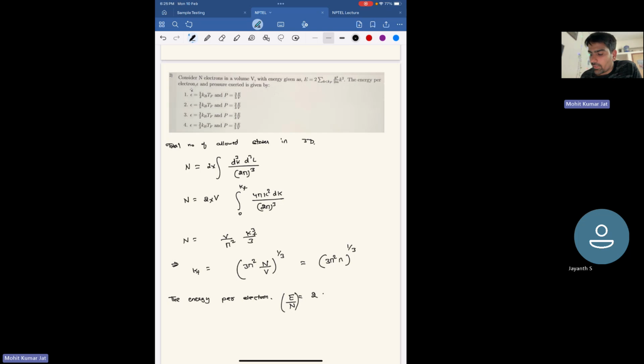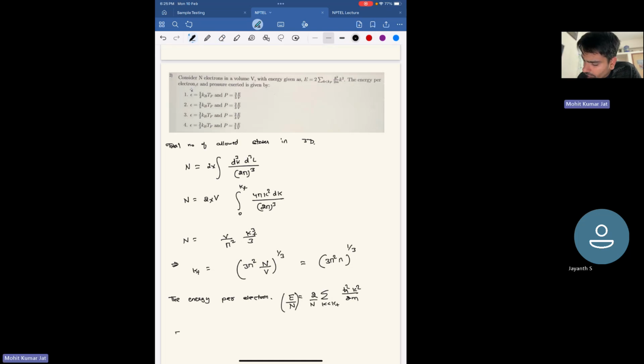That's what the energy per electron is. E is the total energy and N is the total number of particles, which is the total number of allowed states. And this is the sum from k to kF of ħ²k²/2m. So let's just calculate it. So E by N. Let us divide it by N also.